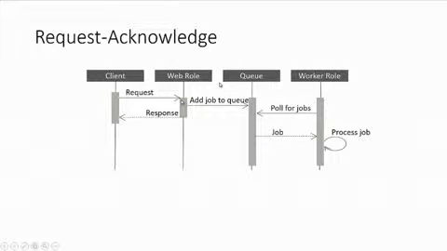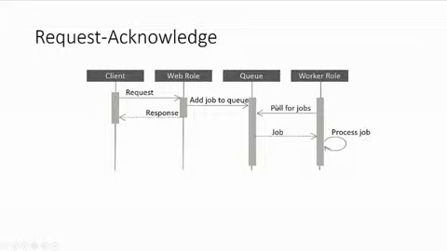My web role will create a job and send it to a queue service, and then the web role will acknowledge the submission of the job immediately to the client. So as far as the client is concerned, the workflow is done, right? The workflow is between the request and the response.